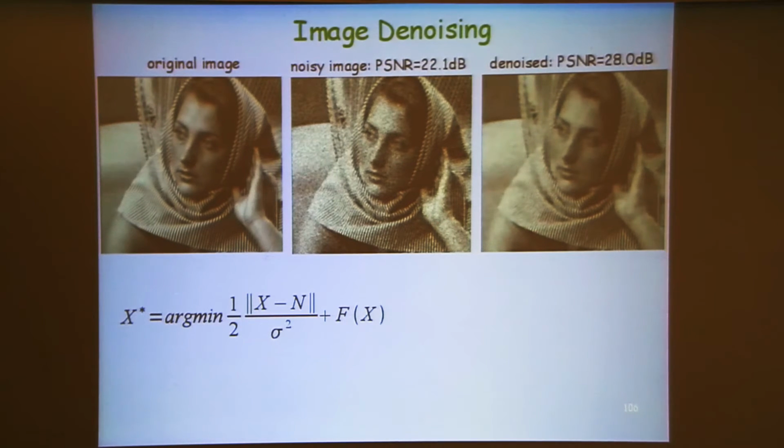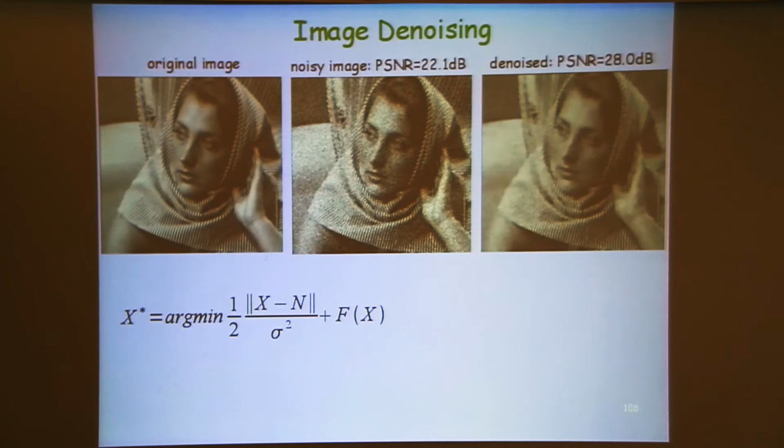So what you need to do is to constrain the optimization problem. And the way that you constrain it is by exploiting the prior that you learn by looking at many, many images and by learning the statistics of natural images.